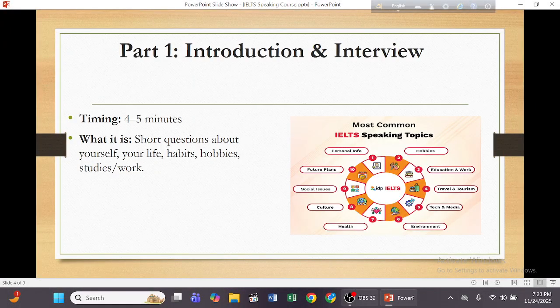This is how the examiner tries to break the ice. Then the examiner asks you questions regarding your future plans, social issues, culture, health, environment, tech and media, travel and tourism, education and work, and hobbies. There are a lot of questions in part one.